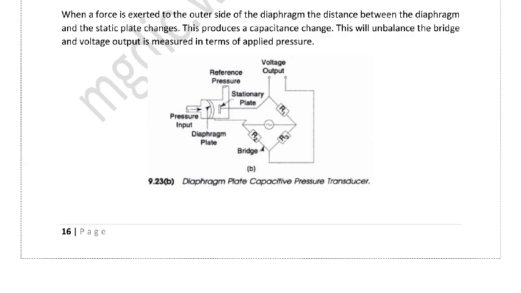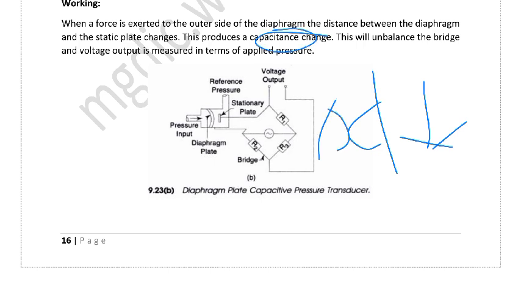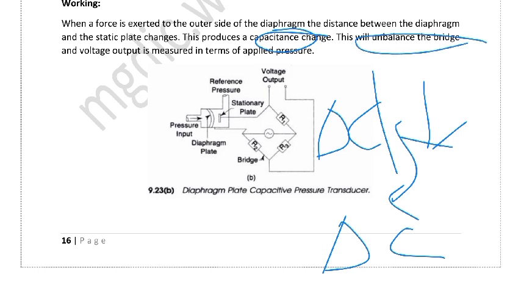Because D changes, the capacitance will also change. This will unbalance the bridge, and the output voltage is measured in terms of applied pressure.